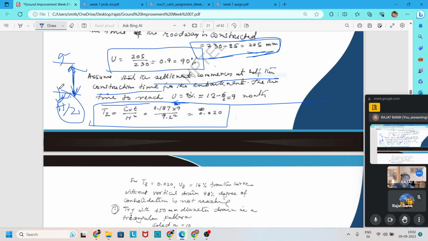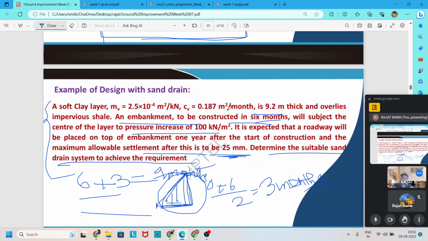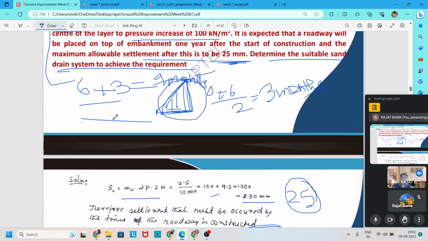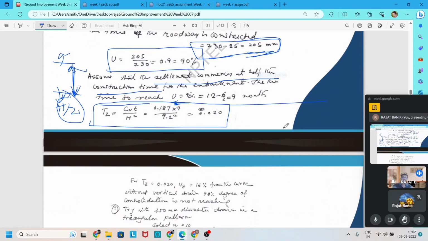You should remember. But in our case, it is said that it overlies an impervious seat. That means vertical drainage is happening in only one direction, that is in the upward direction. So here we use only H, not H by 2. By this way, we can find out the time factor for vertical drainage.